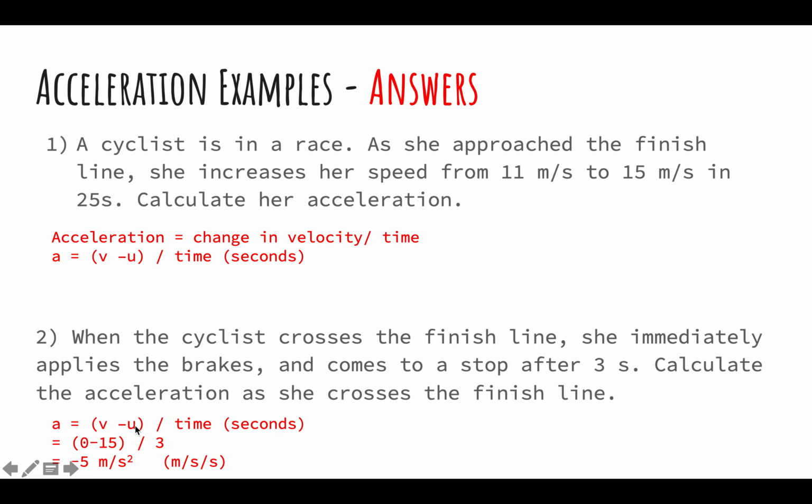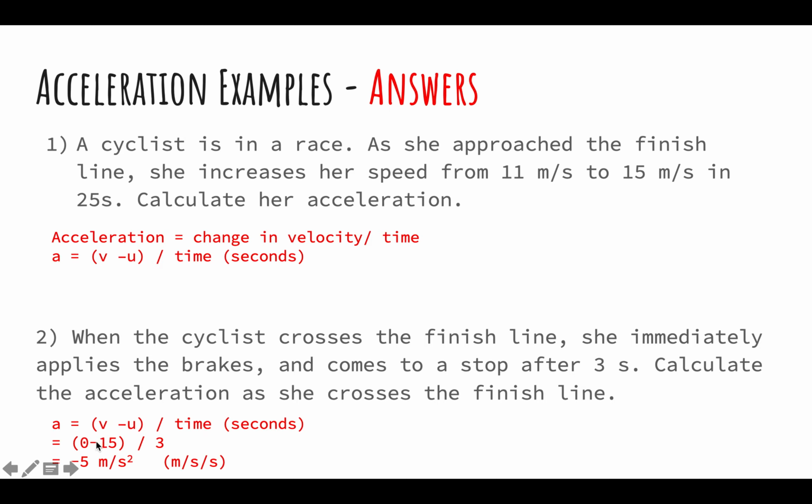Okay, so once again, same equation. Acceleration is final velocity minus initial velocity divided by time, obviously in seconds. Final velocity this time is a stop, so stop would be 0 meters per second, minus our initial velocity, which from a previous question is 15 meters per second, and dividing it by our 3 seconds.